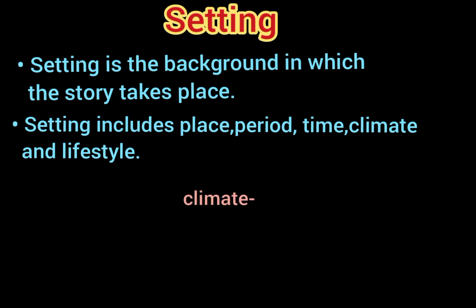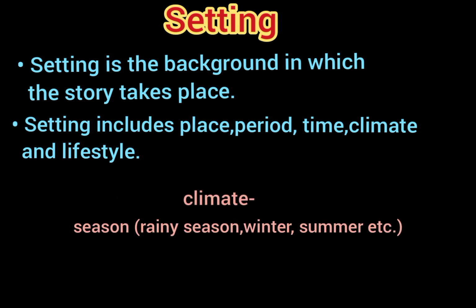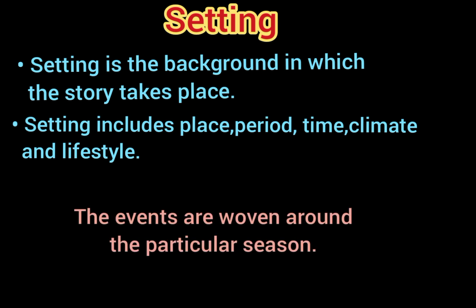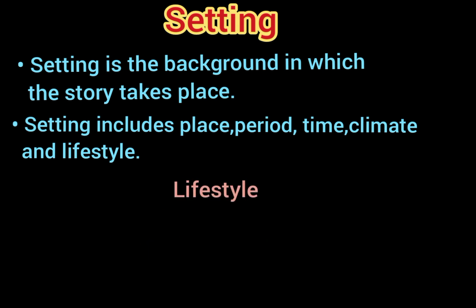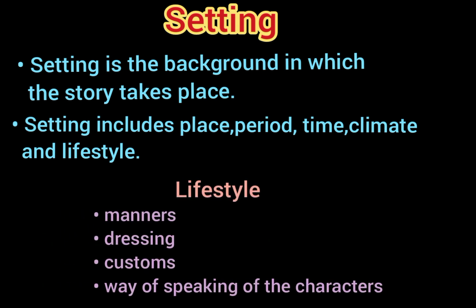Climate means season. In some novels, particularly the rainy season or winter season is given. Sometimes a storm is shown. The events are woven around the particular season. Then lifestyle. Lifestyle means manners, dressing, customs, and way of speaking of the characters.